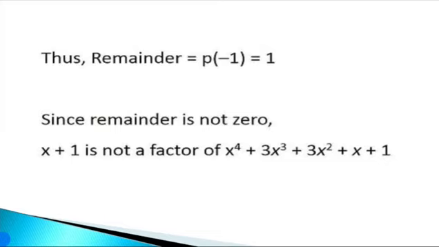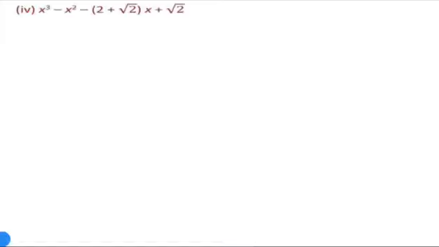Now let's move to sub question 4. The sub question 4 is x to the power of 3 minus x to the power of 2 minus of 2 plus root 2 into x plus root 2. So it is also similar to the previous one.